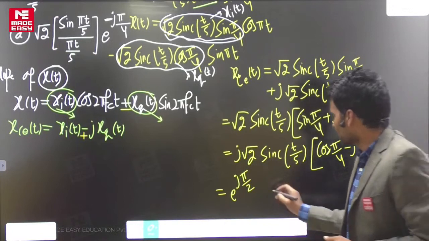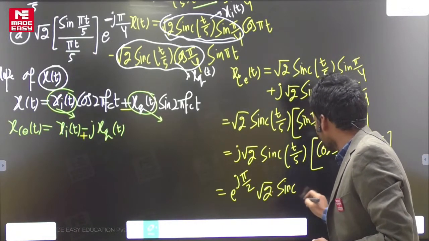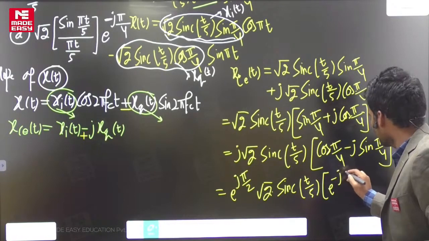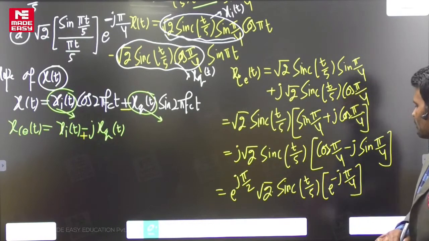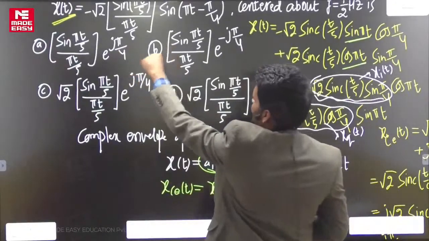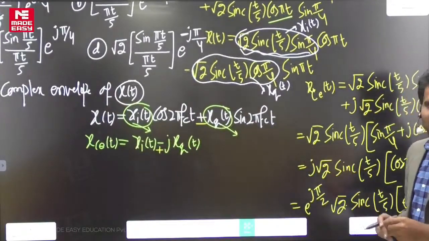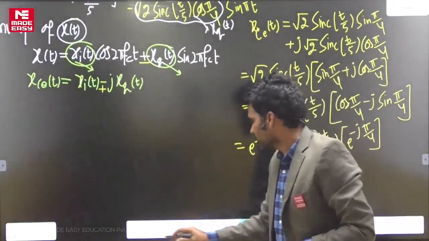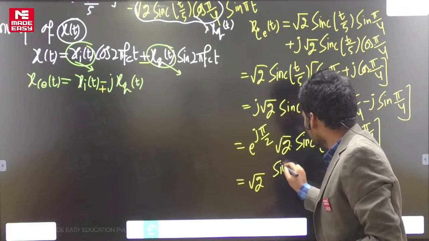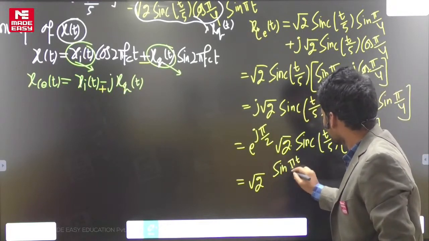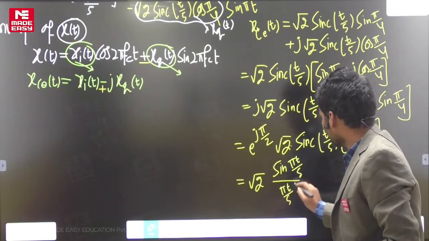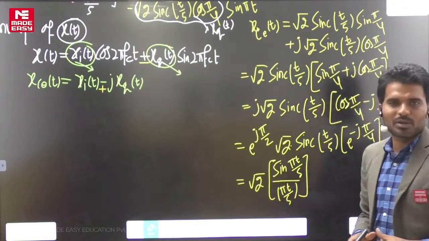So j is e^(jπ/2), and root 2 sinc(t/π) times cos x minus j sin x, which is e^(-jx), so e^(-jπ/4). Because there is no j term in any of the options, I'm writing j as e^(jπ/2). Sinc(t/π), since sinc x is sin(πx)/(πx), is sin(πt/π) over (πt/π).